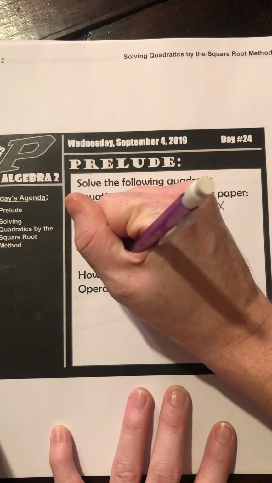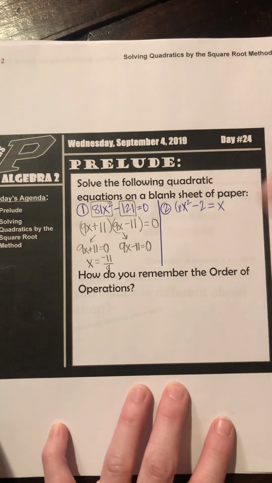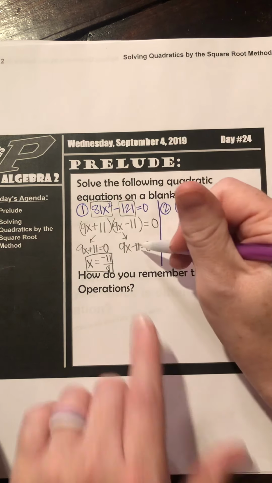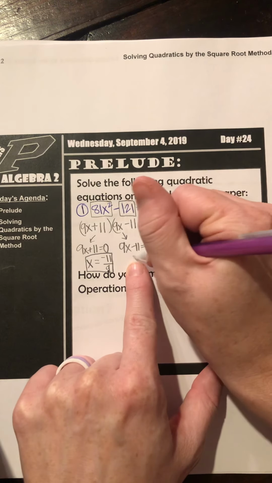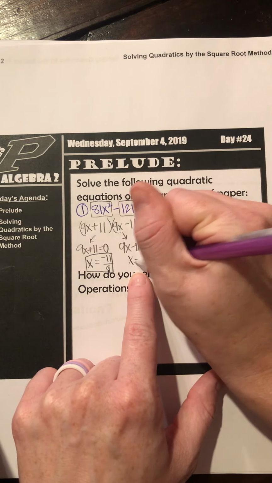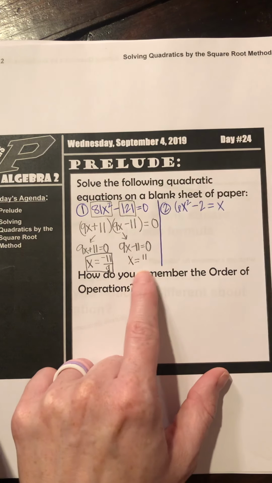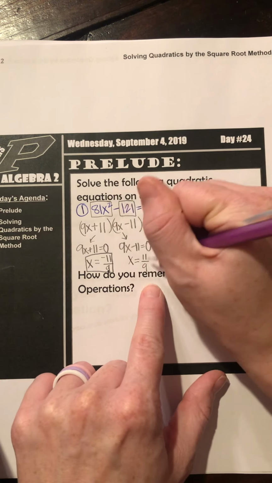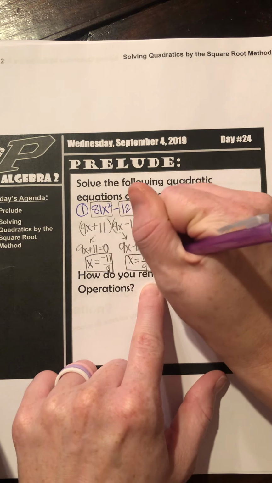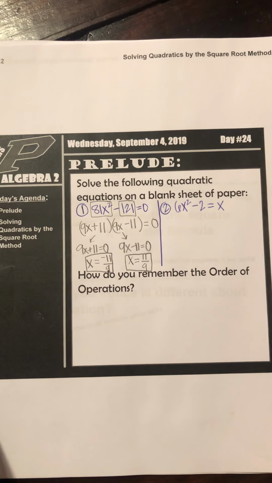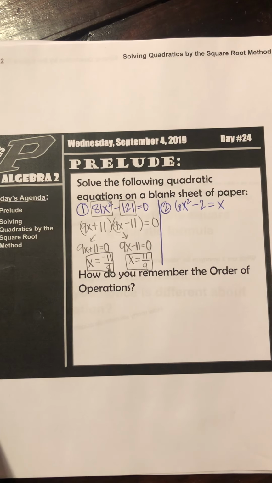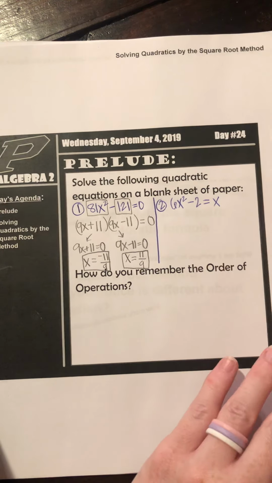I divide it. So x equals negative 11 ninths. On this one, I would start out by adding 11. So that's going to be positive 11 on the other side. And I would divide by 9. So my two solutions to this quadratic equation are positive and negative 11 ninths. Okay?